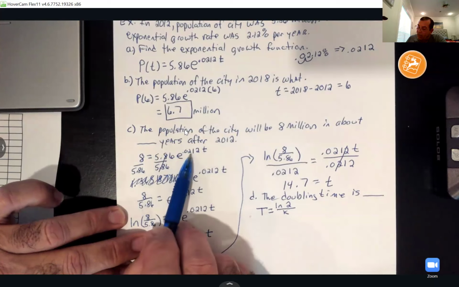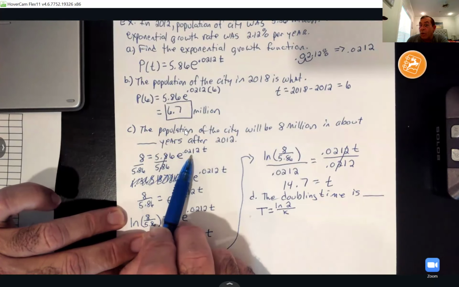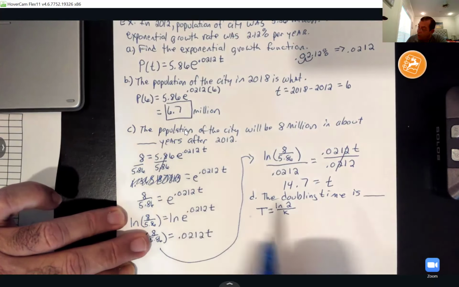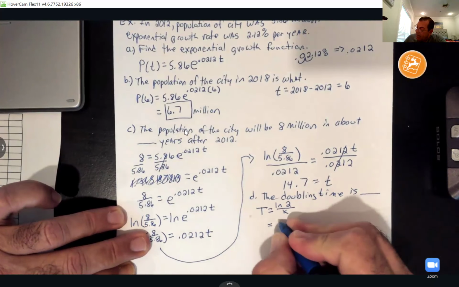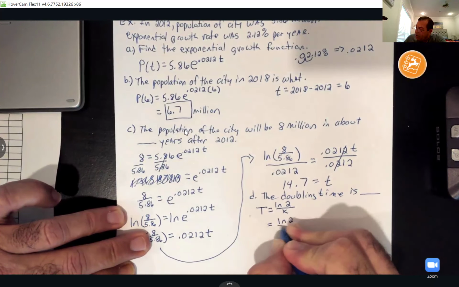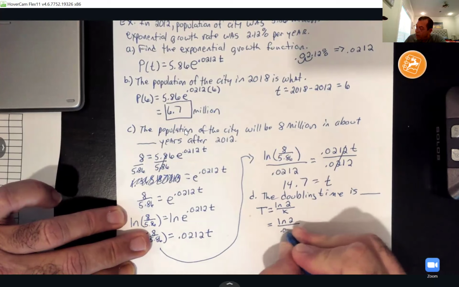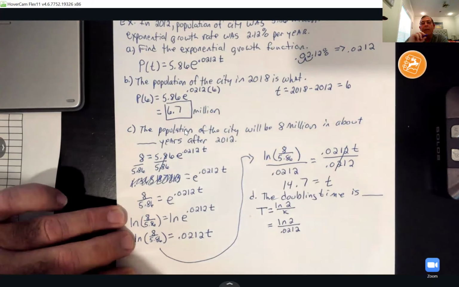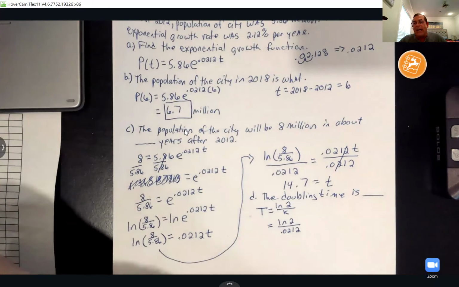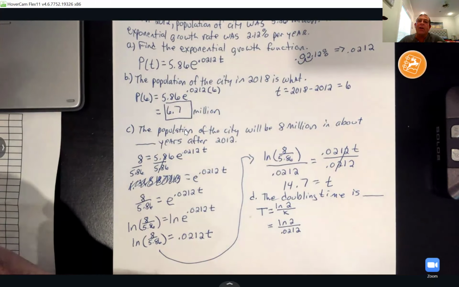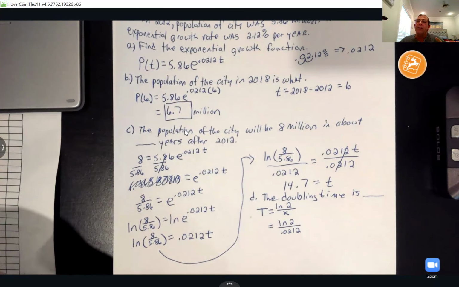Now we know k, we already got it up here. It's 0.0212. Remember, it's got to be in decimal form. So the doubling time will be the ln of 2 over 0.0212. Now what the doubling time is, it's the amount of time it takes your population to double or your investment to double, okay?